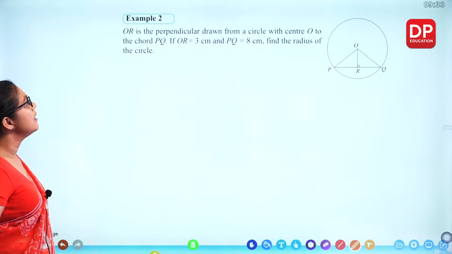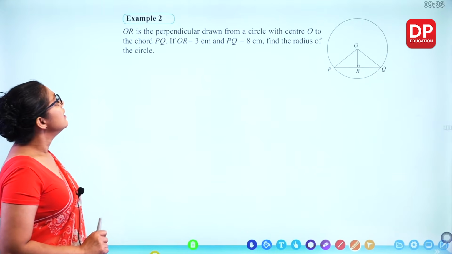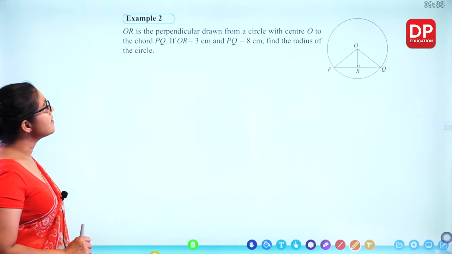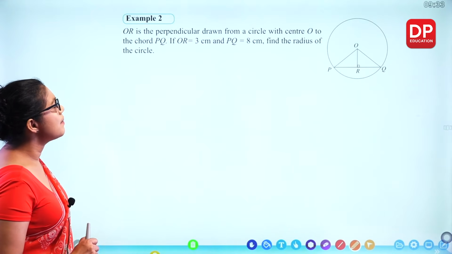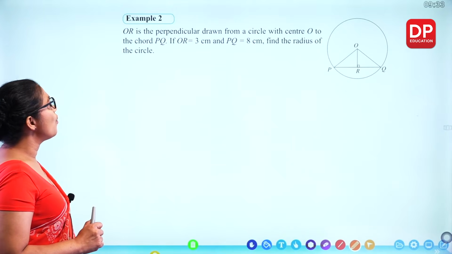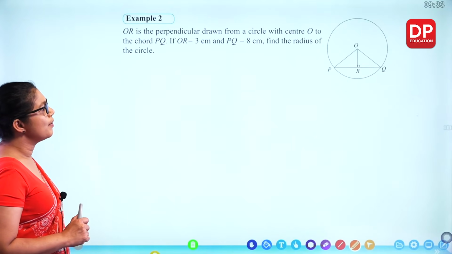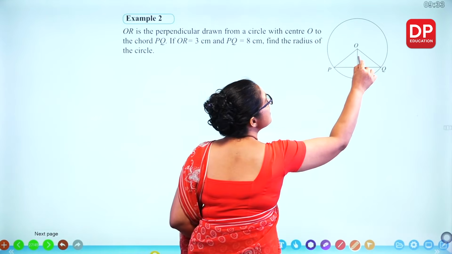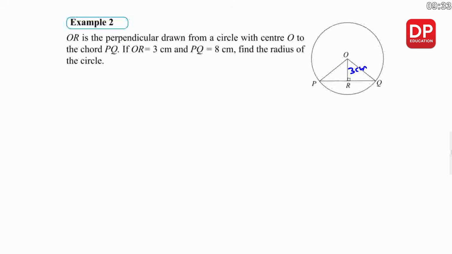Now we'll look at example number 2. So here in this example it says OR is the perpendicular drawn from the center O of the circle to the chord PQ. And OR is given 3 centimeters. So this is given 3 centimeters and this whole PQ is given 8 centimeters.